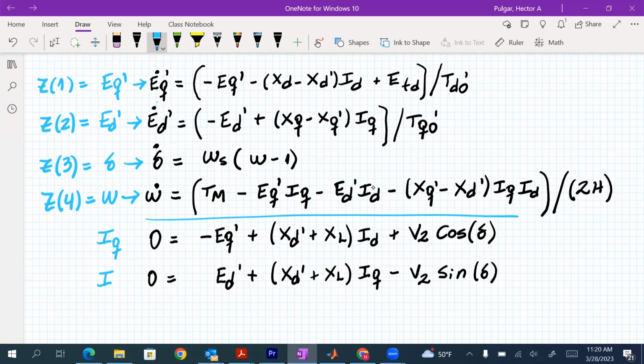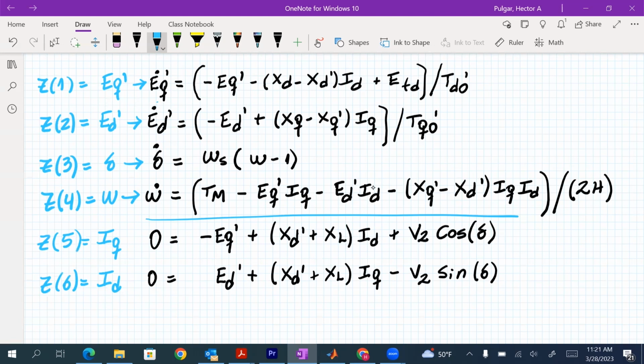And for the last equation, we're going to associate the variable ID. So in the vector Z, the fifth term is going to be IQ, and the sixth term is going to be ID.